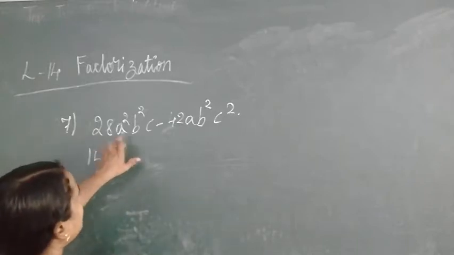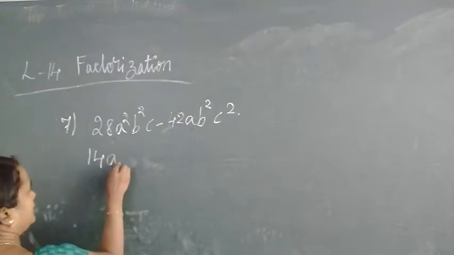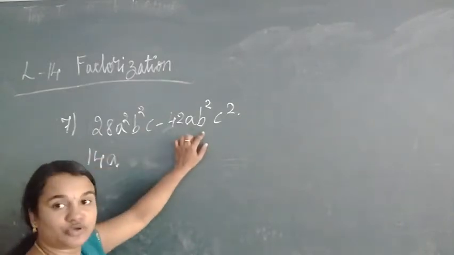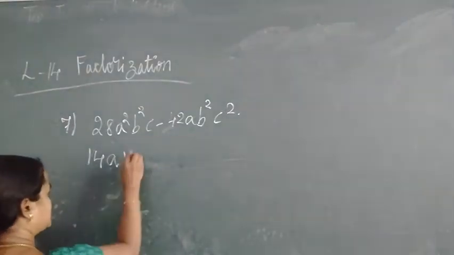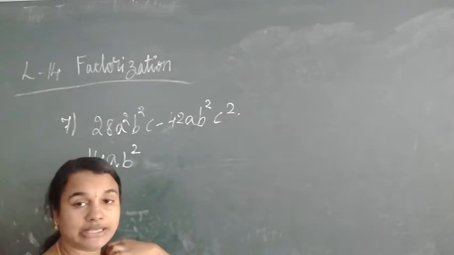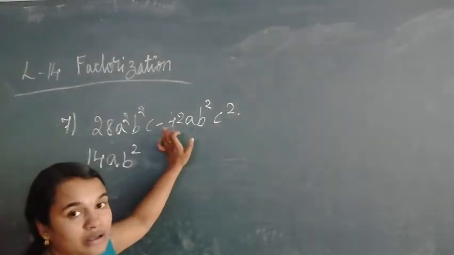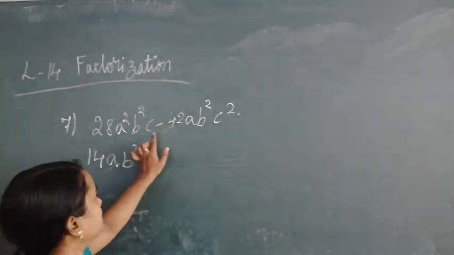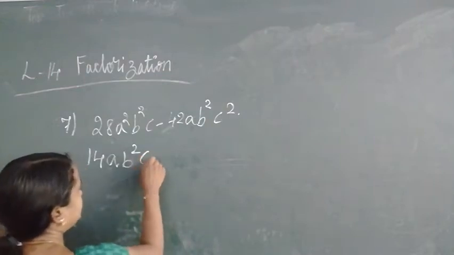Now here a square and only single a is there, so we will take a only. But here b square, here also b square, so we will take b square as common. Whenever we are taking the literal coefficient, the lowest power we have to take out. Here c, here c square, that means c we will take out.